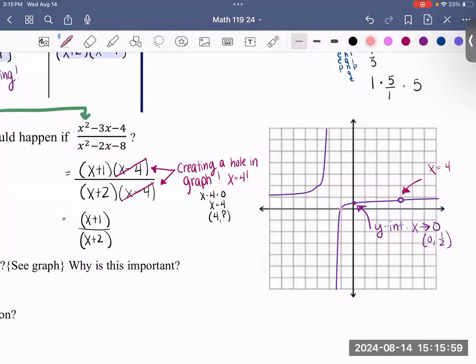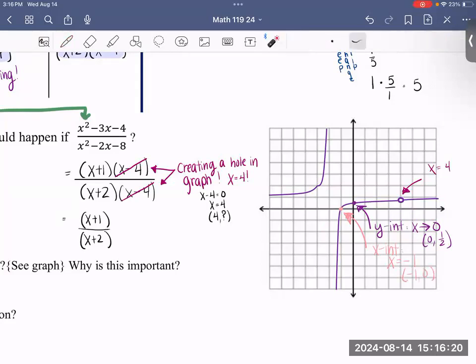Well, kind of going with that same idea, we also have an x-intercept. Where is this x-intercept? Well, it looks to be when x is equal to -1. Where is that information coming from?